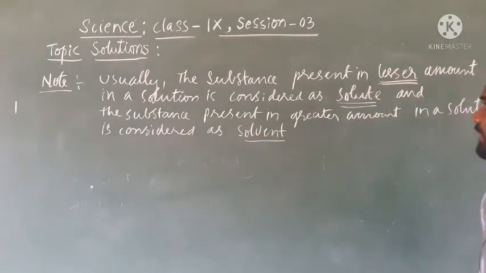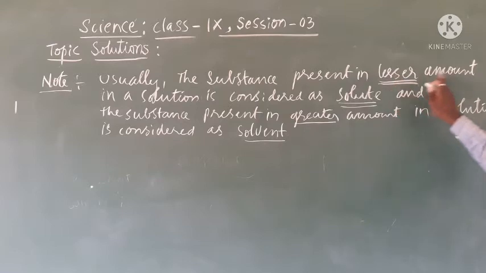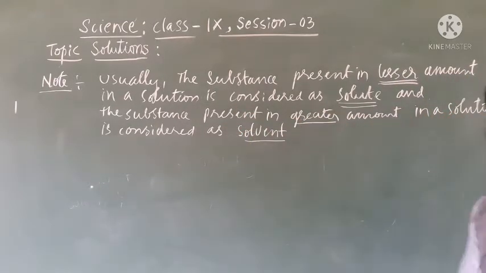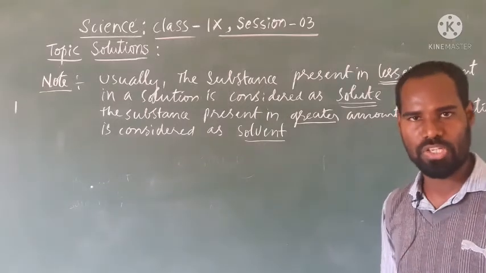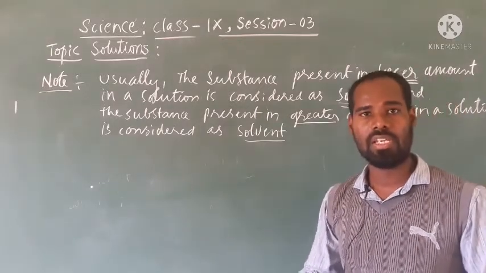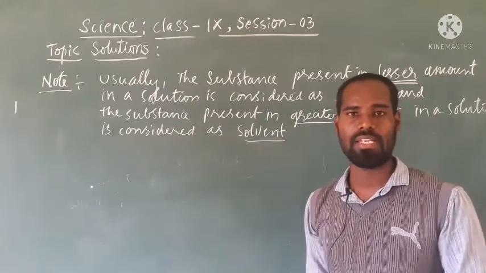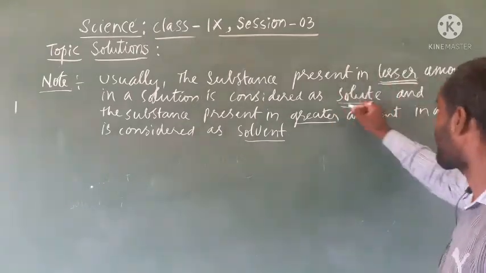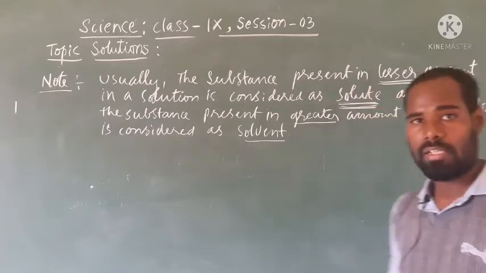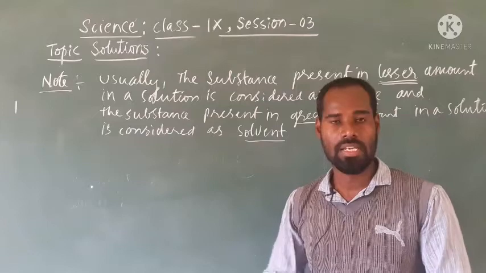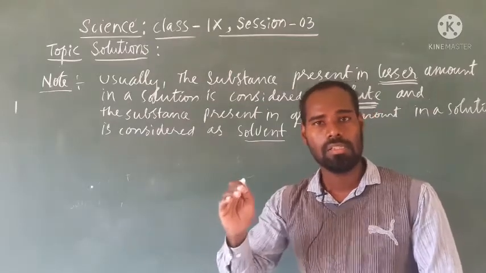The substance which is present in a lesser amount in a solution is said to be solute. What is a solute actually? Definition: solute is a substance which is dissolved in a solvent or a liquid. Meanwhile, we can say that the substance present in a lesser amount in a solution is called a solute.